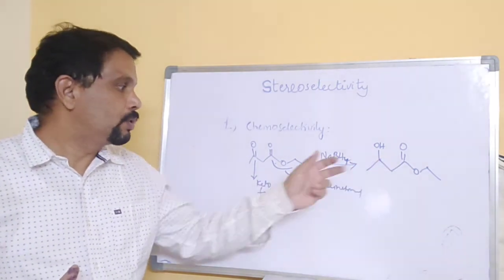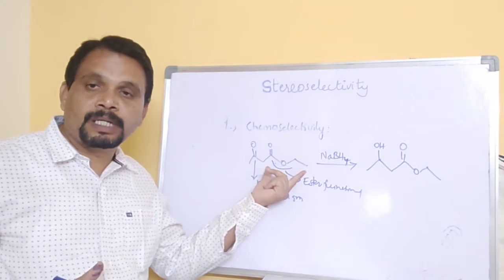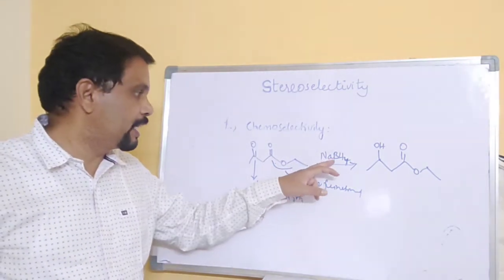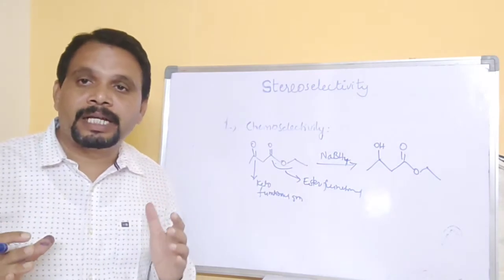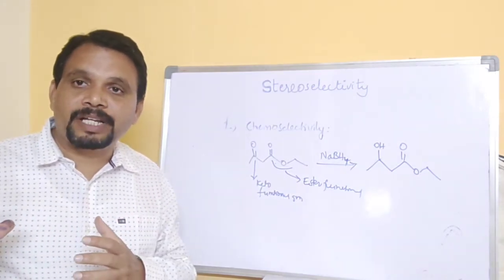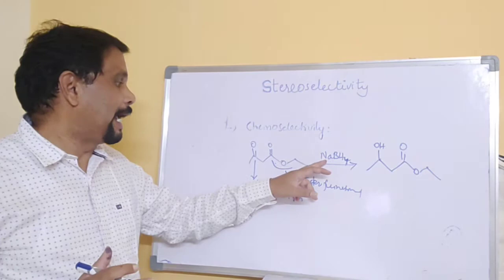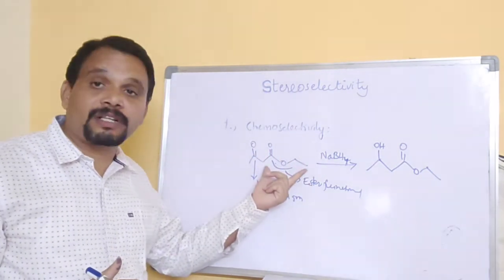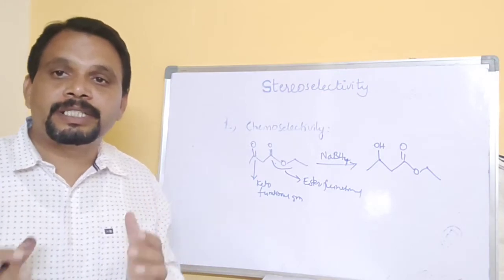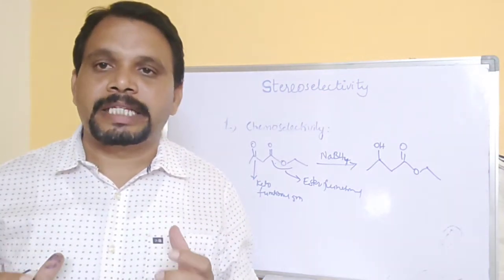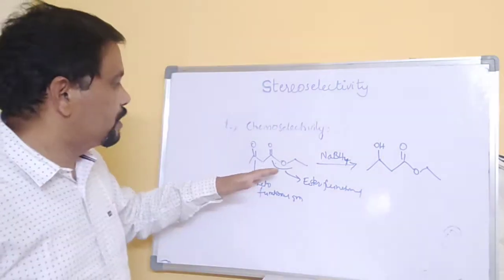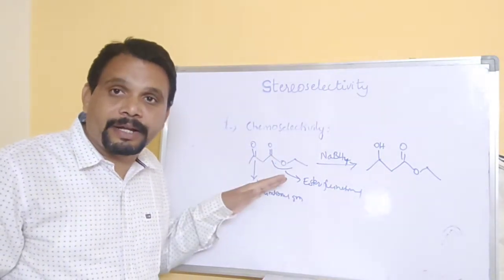The ester functional group is not disturbed by this reagent. That means this reagent predominantly, exclusively, preferably attacks the keto functional group over the ester functional group. This is considered chemoselectivity. So this is chemoselective.